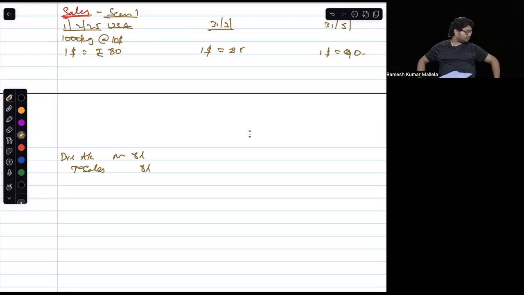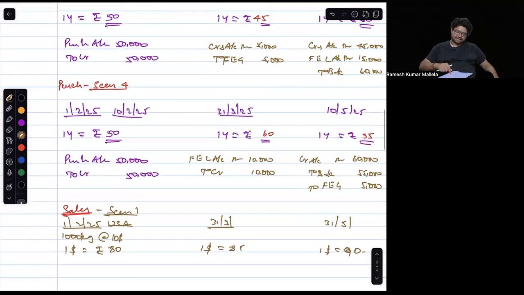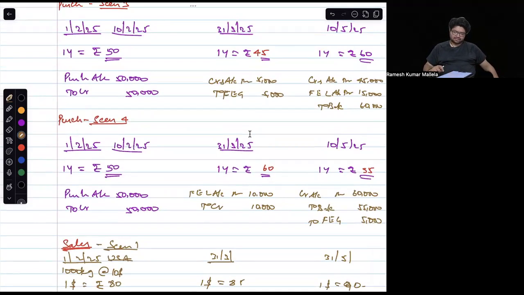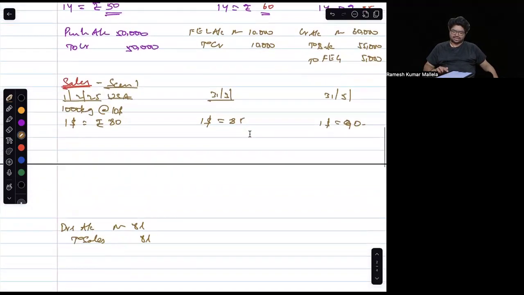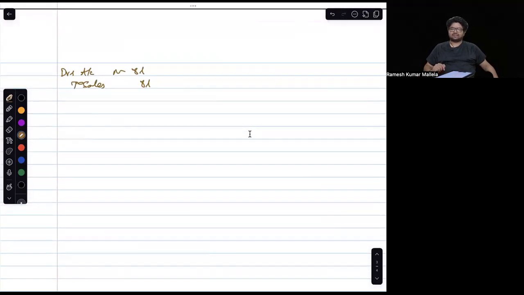Unless you tell, I won't go further. Where did we take gain earlier? Foreign exchange gain, debit or credit? Normally gains will be taken on which side?